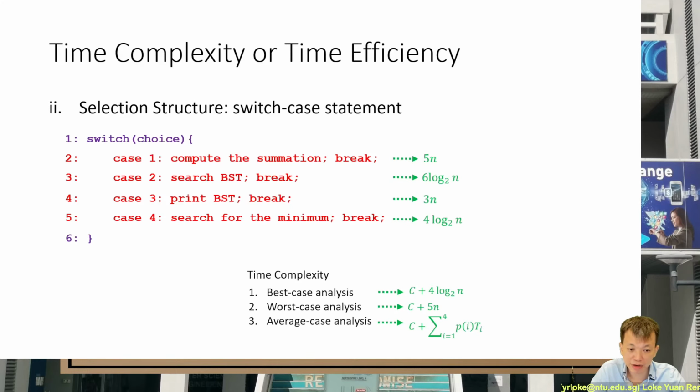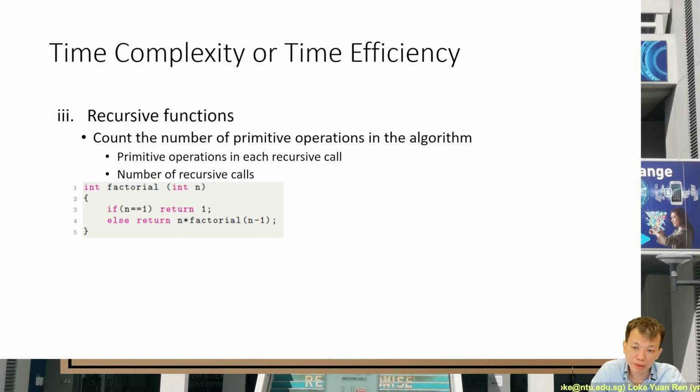Sometimes it can be very complicated. When you analyze all these repetition structures and recursive functions, you will realize that every time you need to count the number of recursive calls, and in each recursive call how many primitive operations, and then sum it up.